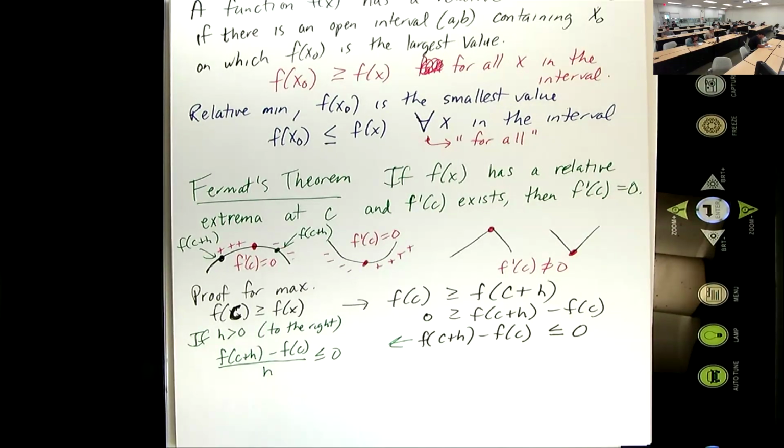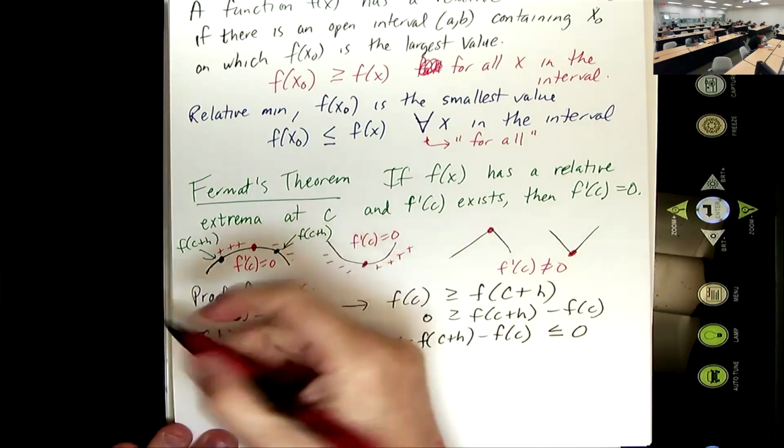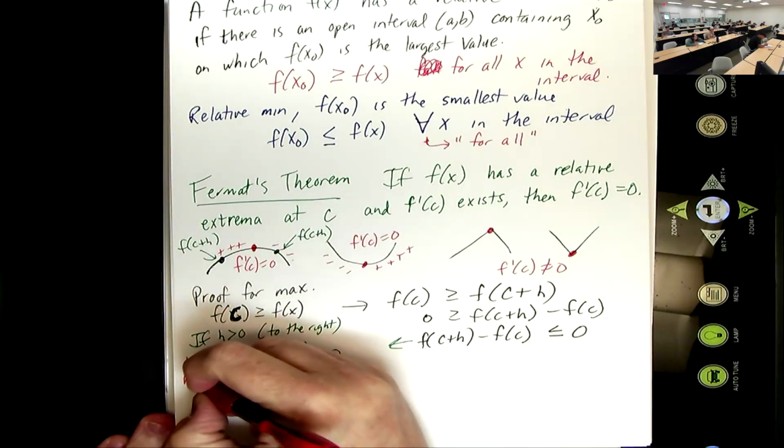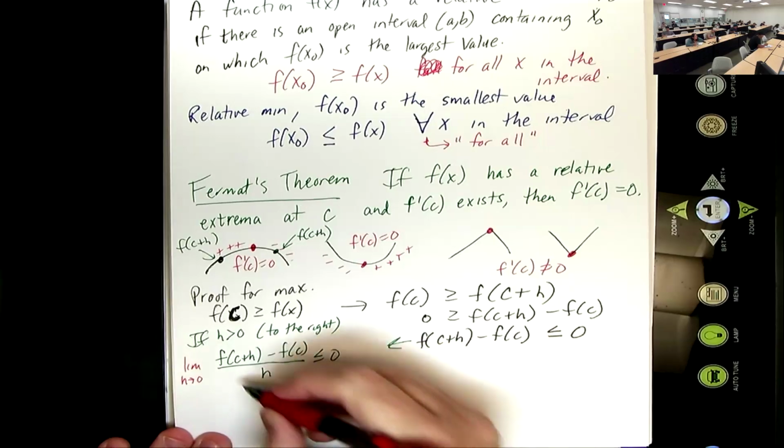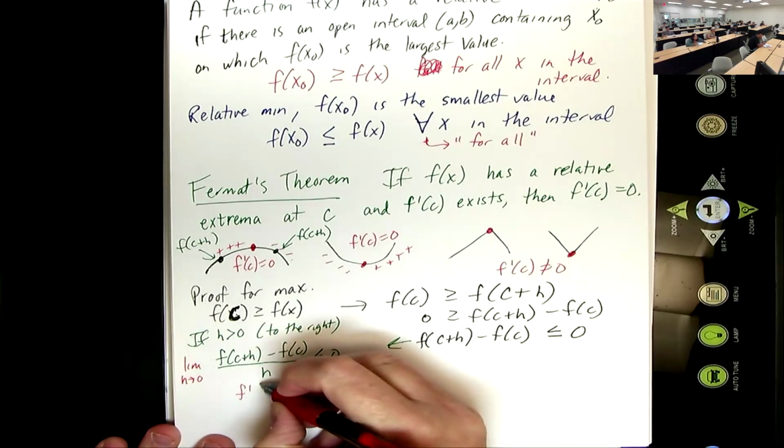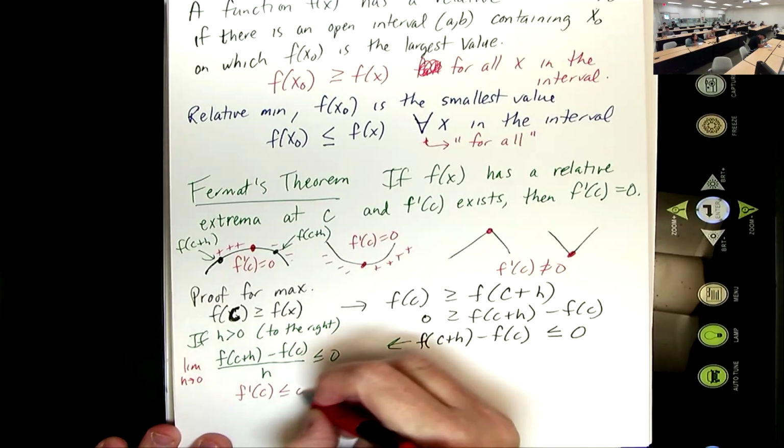Does that make sense? I'm dividing by a positive number, so it should still be less than or equal to 0. Yeah, it looks a lot like the definition of derivative. That's where we're going. Then we're going to slap a limit on here, and with that limit, that means f prime of c is less than or equal to 0.